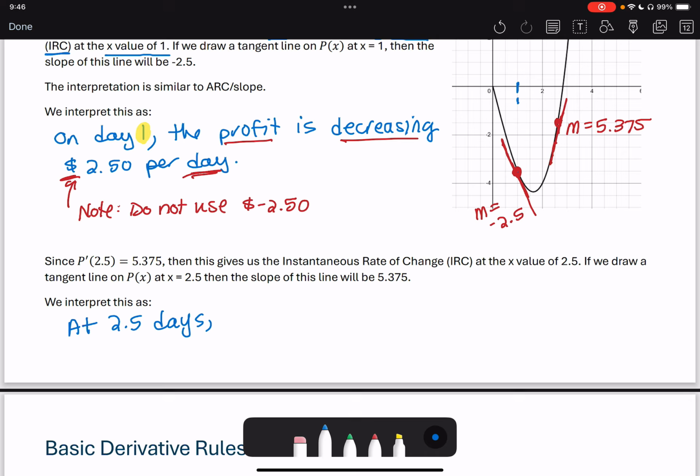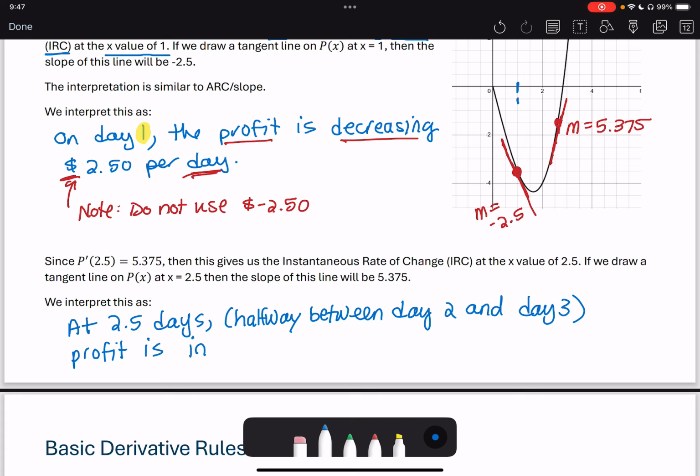Or you could say something like halfway between day 2 and day 3. It would be okay to say that as well. Just like I said, you need to represent the 2.5. Either way is okay. And then you would say profit is increasing.